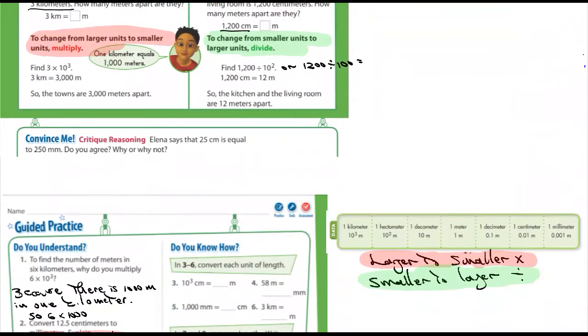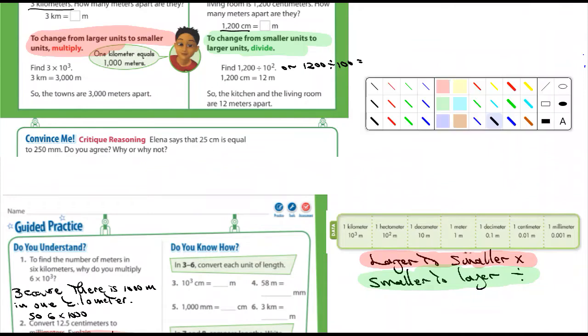It says, Elena says that 25 centimeters is equal to 250 millimeters. Do you agree? Why or why not? Well, let's look at the chart for a moment here. I made a copy of it and moved it down. So we're talking about 25 centimeters. Okay, here's the centimeters.